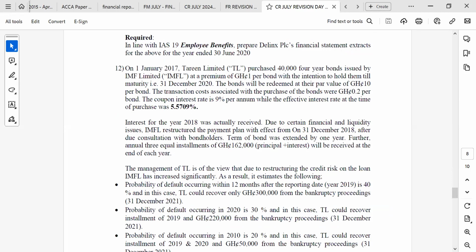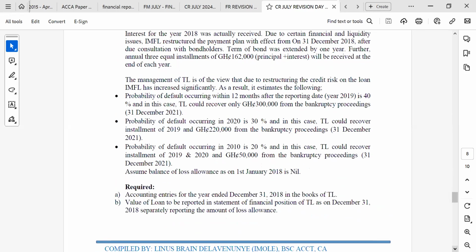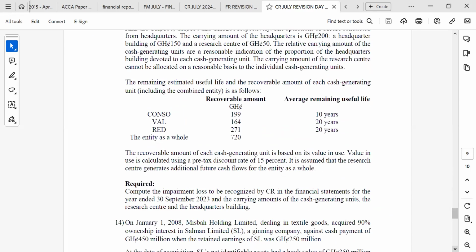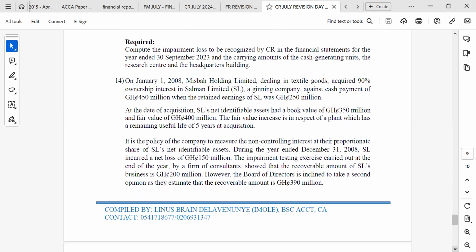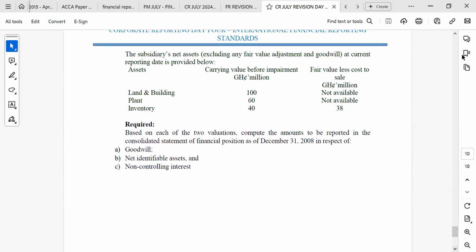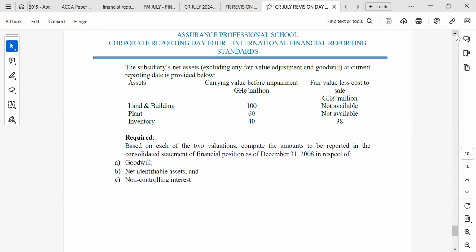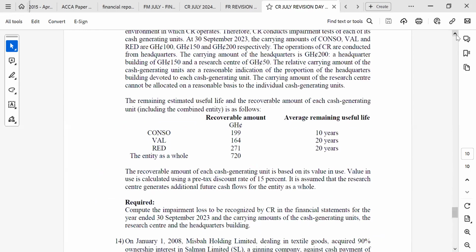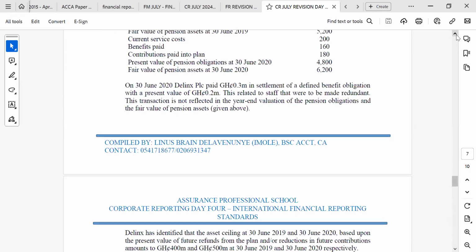This is about financial instruments. I would love us to solve a question on financial instruments, but I'll solve it, share with you, and we will talk during the class. Also revise impairment of a subsidiary.